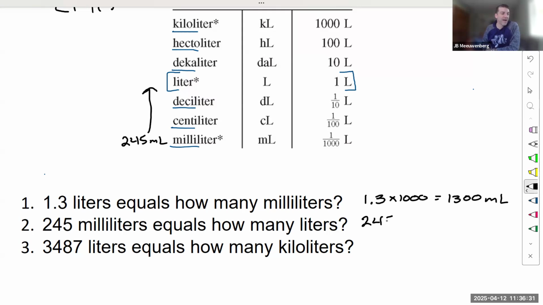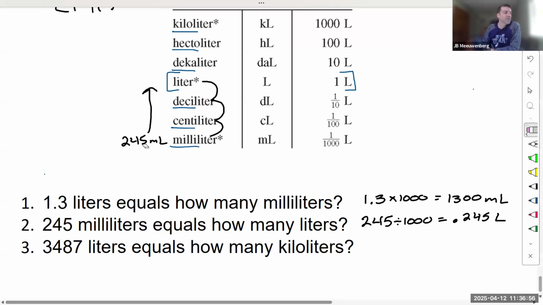As we go up on the chart, we're now going to be dividing. So we'll divide that by 1,000. Every time we go up, it's another power of 10. So this would be 10, this would be 100, this would be dividing by 1,000. That essentially moves our decimal point 3 spots to the left, which is 0.245 liters.